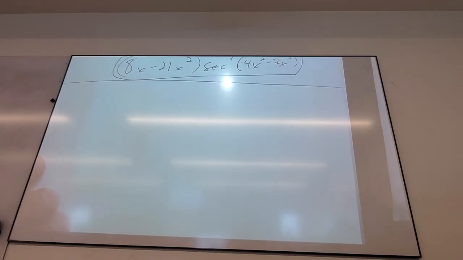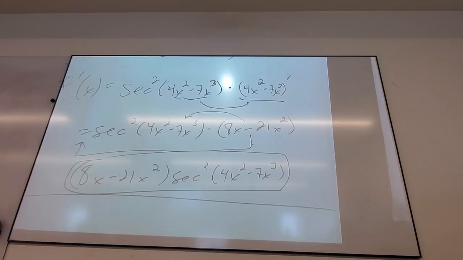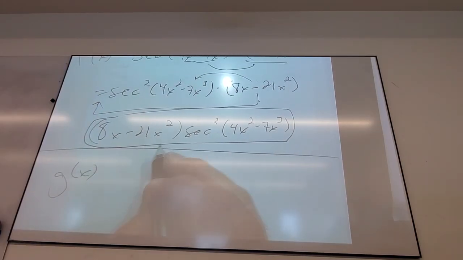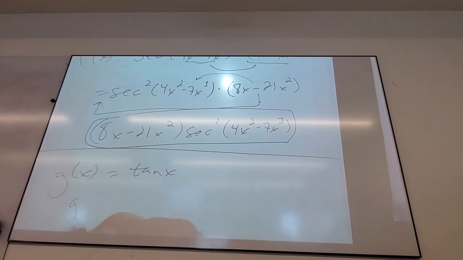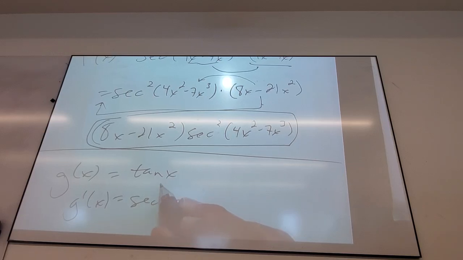Let's do one more together here. So we got that. By the way, I want to point something out. What's the derivative of tangent x? Secant squared x. What's inside of tangent? X. So if I do the chain rule, what's the derivative of x?